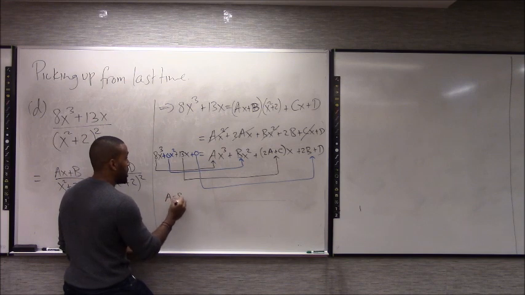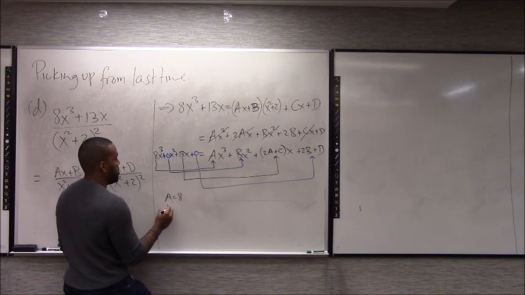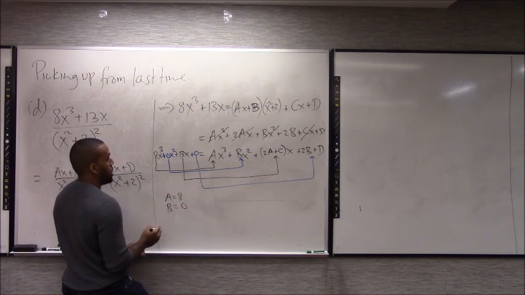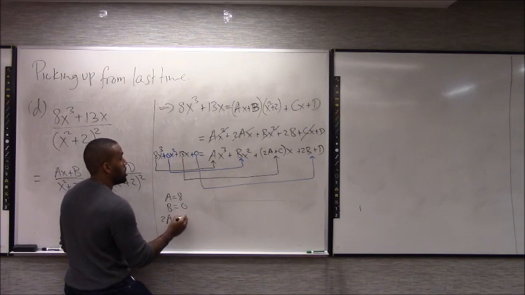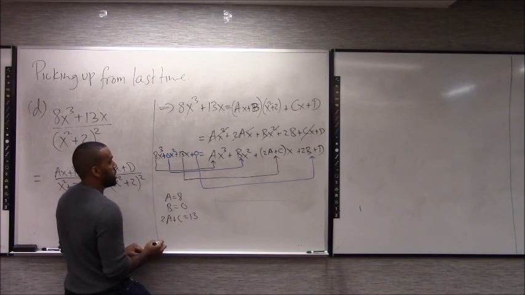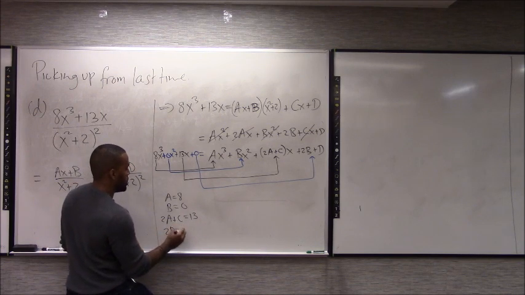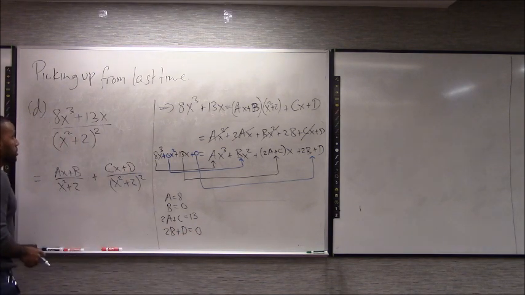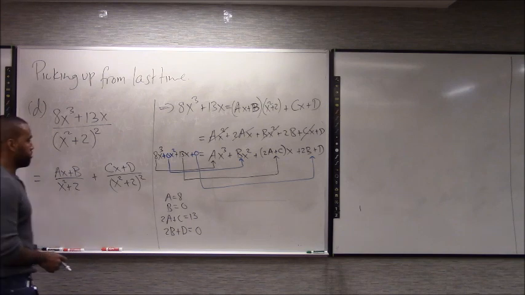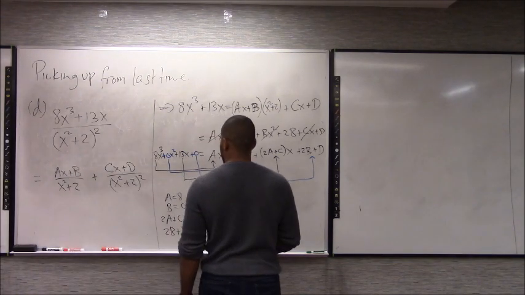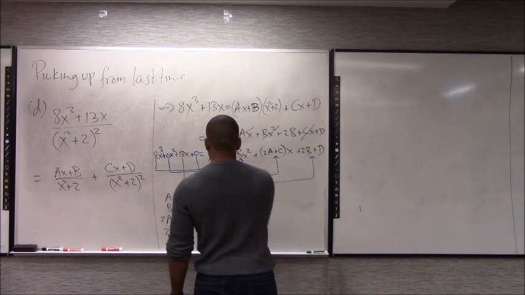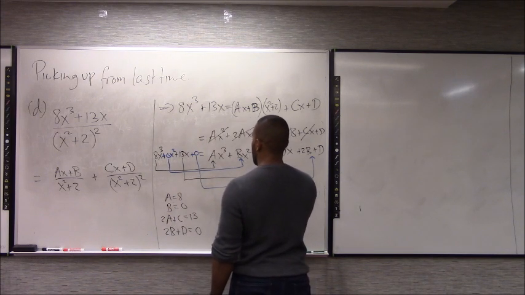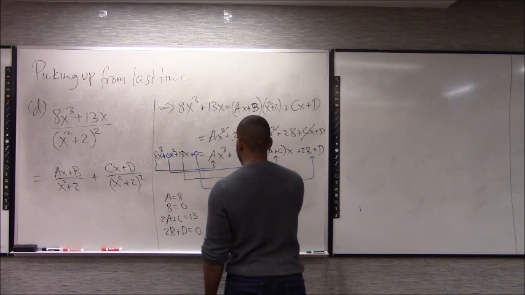A equals 8. I would also get that b equals 0. I would also get that 2a plus c equals 13. I would also get that 2b plus d equals 0. So what would happen here? A equals 8. So we know that a equals 8, we just got that for free.